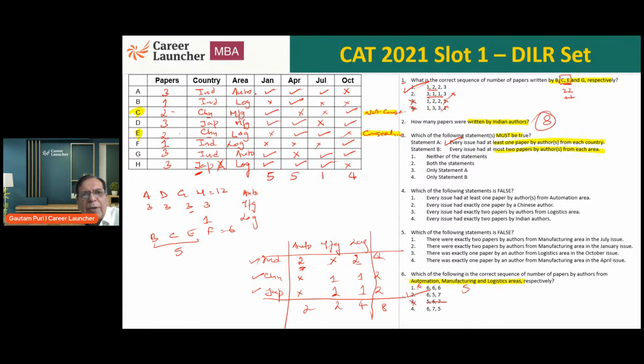A is from automation area, and he's done January and April and July. So 1, 1, 1. Okay. Then B is logistics. Logistics April 1 only. Then we have C is manufacturing, January and October. 1 January, 1 October. Okay.